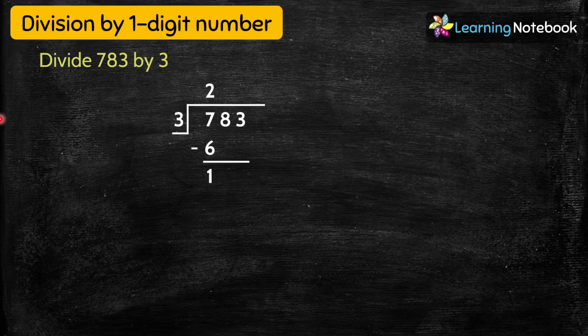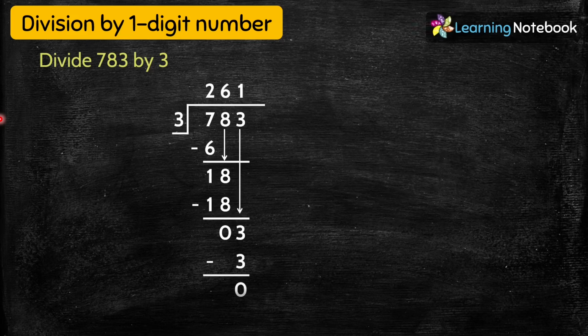Now we will copy the next digit 8. So we now have to divide 18 by 3. We know 3 into 6 equals 18 and 18 minus 18 equals 0. Let's copy the last digit 3. Now we will divide 3 by 3.